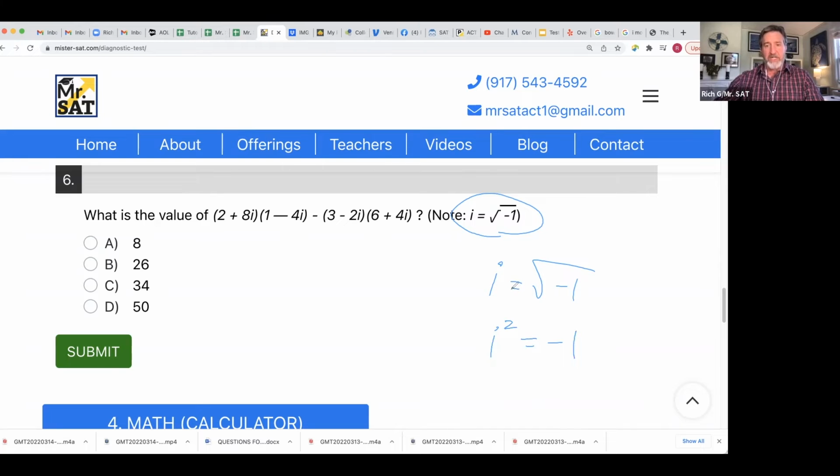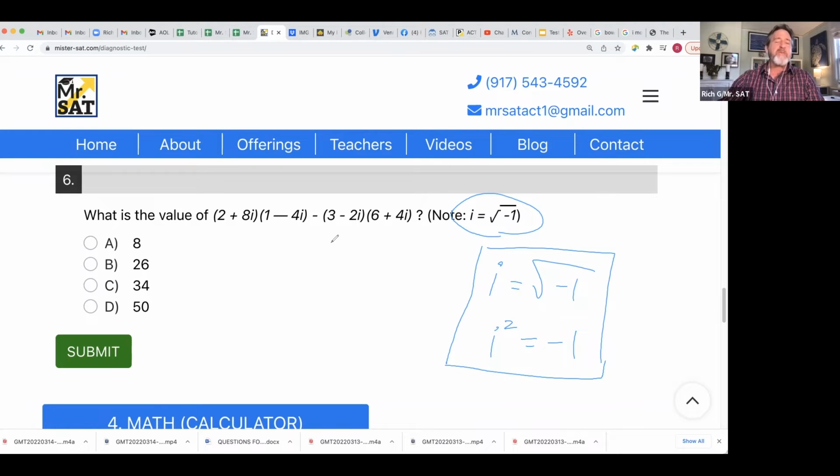Well, that follows, because if I square both of these sides above, i times i is i squared, and the square root of -1 times the square root of -1 is -1. Do you need to know about all that? Nope. Just know these two things. i equals the square root of -1 and i squared equals -1.